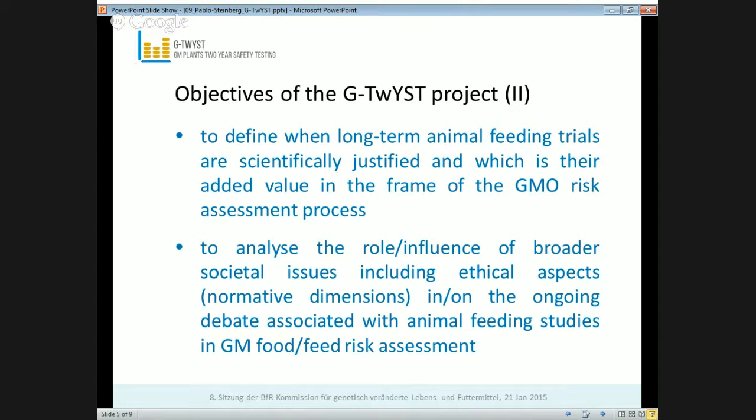There are a number of animals which you are using in the sense of animal welfare questions, and that we are looking at also.